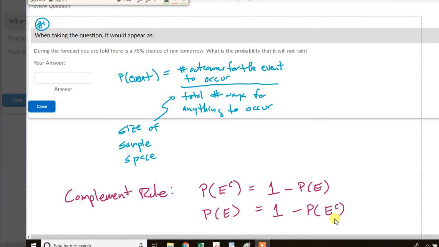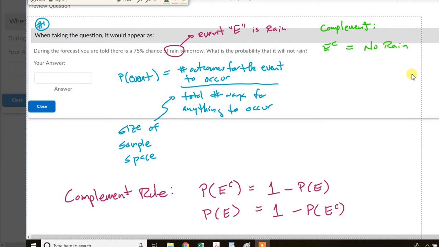Complement means opposite. So if my event E is rain, then the complement of rain would be no rain.